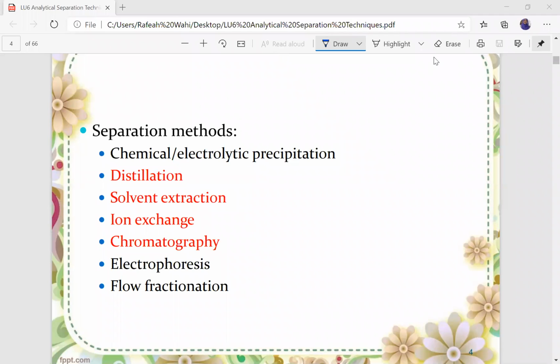There are many types of analytical separation method as in the list. We have chemical or electrolytic precipitation. We have learned about chemical precipitation in learning unit 3.